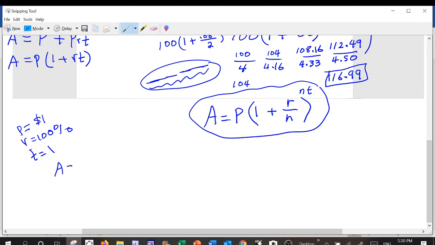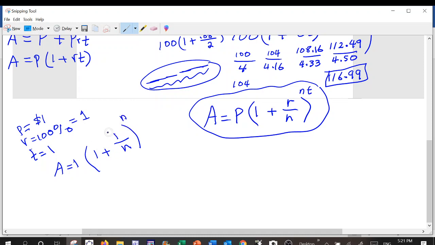So A is going to be the principal again, which is $1. And so it would be 1 plus, in decimal is actually 1, because if you move the decimal 2 places to the left, you get 1. So it's 1 divided by n, to the power of n times t, which is just n, right?